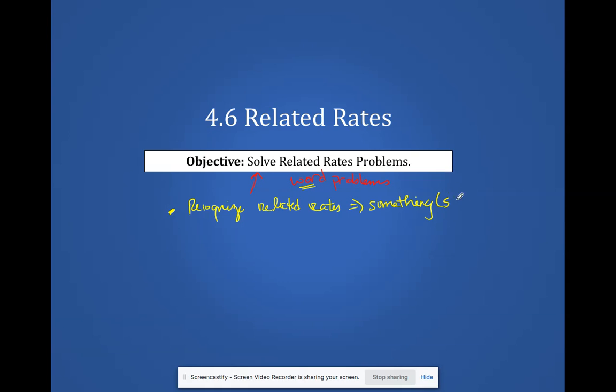Something or things that are changing, and time is in the situation. Then, once you realize what those somethings are, for us, the somethings are going to be a geometry shape.